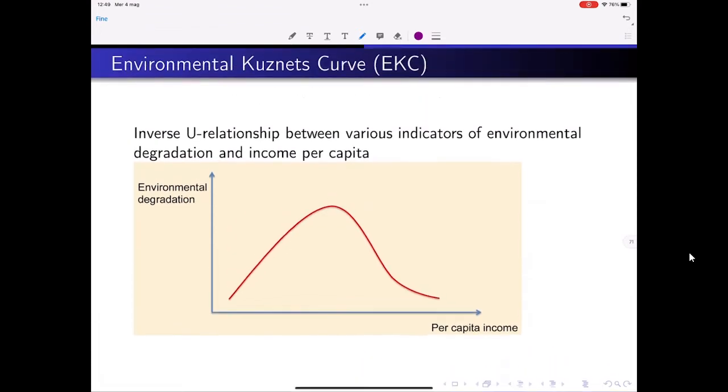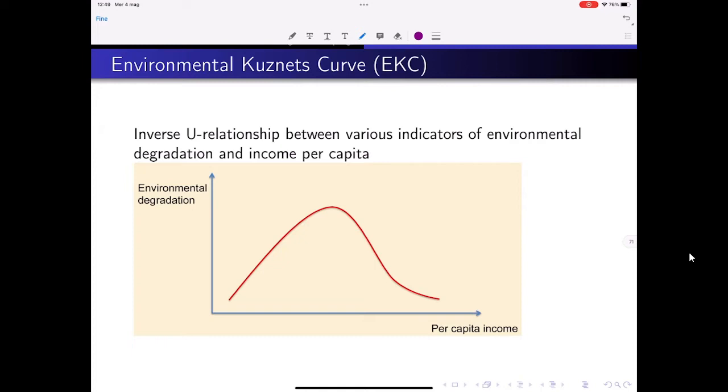In particular, I would like to briefly talk about the environmental Kuznets curve, which for sure you have already heard about, and perhaps you have also seen some data and done some estimation on your own. The environmental Kuznets curve is an inverse U relationship between indicators of environmental degradation and income per capita. This is a hypothesis that you then try to test by bringing it to the data.